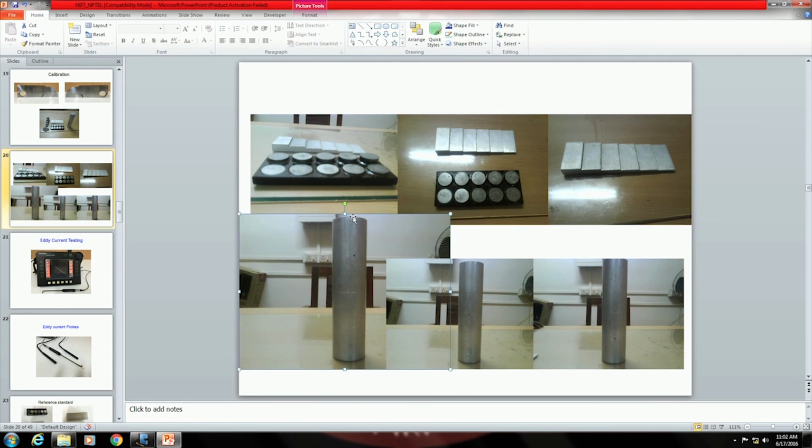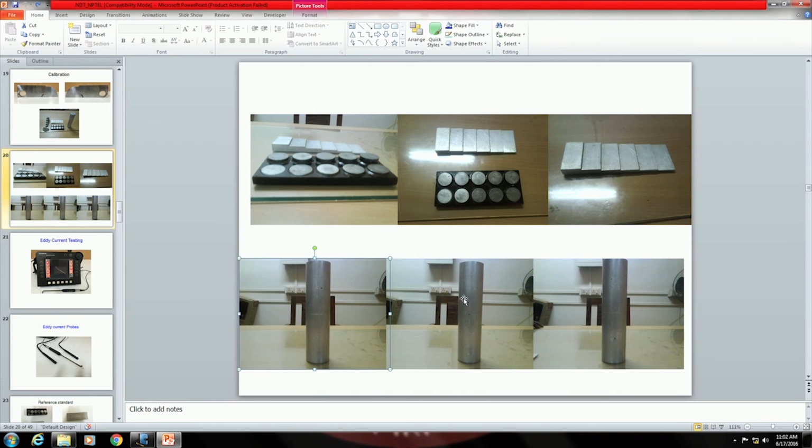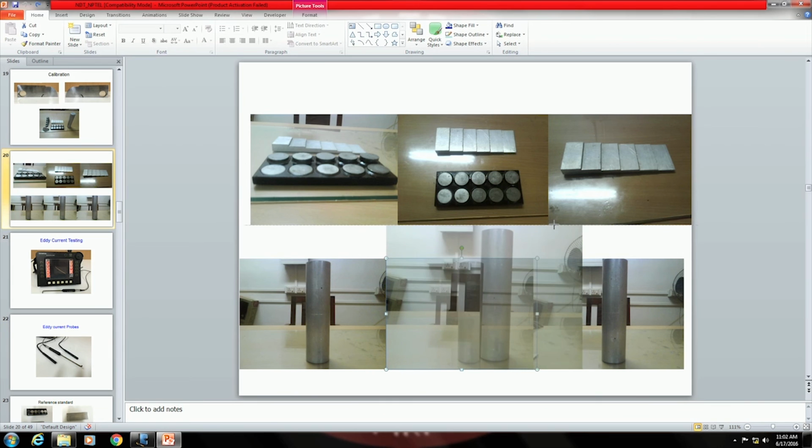So, using this you could get an echo and then see whether it is coming at that particular distance, or that time corresponding to this distance. On the time base you can see that, and you would be able to see some other holes also which are made at some other distances, because you need to collect the data at different distances to come up with the calibration curve or to do the calibration.